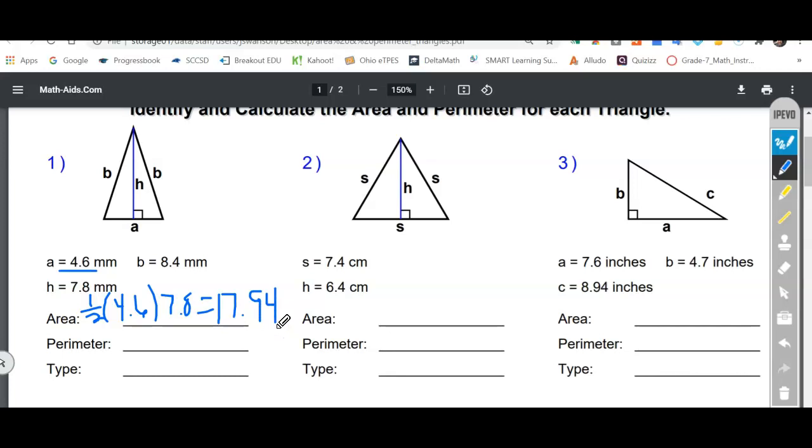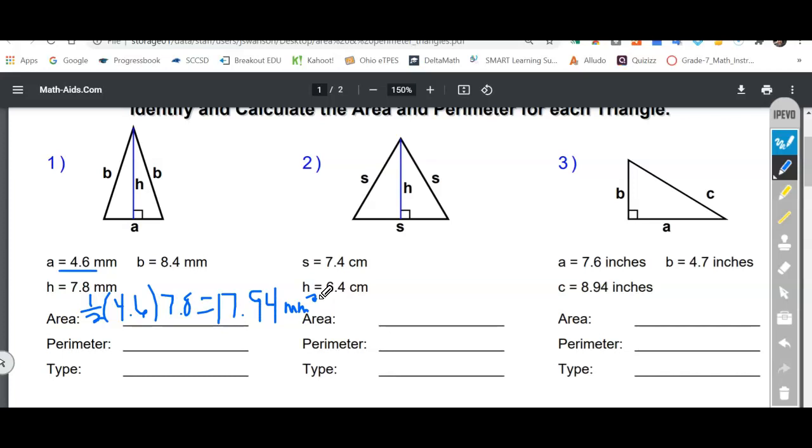Now my label is squared millimeters then. Right? Because that's how many square millimeters I can put. I can put that many squares on this that are 1 millimeter by 1 millimeter to cover the entire triangle.